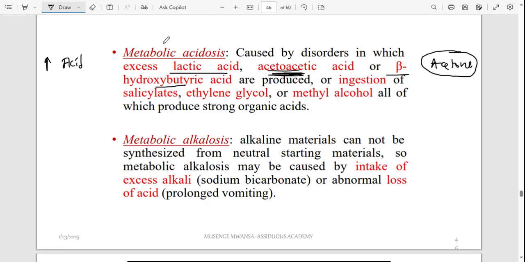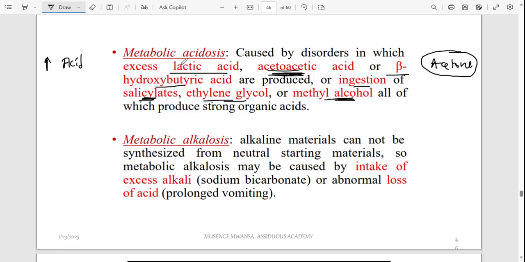These are not the only ones that can cause metabolic acidosis when they are produced. Also, ingestion of aspirin, just like it was also causing the other one, and also ethylene glycol, when you ingest it, or methyl alcohol. These alcohols are also acidic. They have some acidity, so they can cause metabolic acidosis.